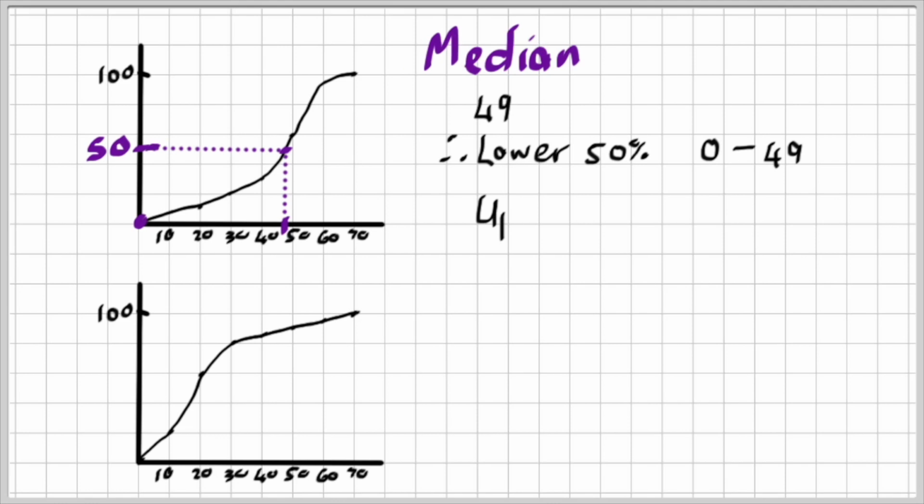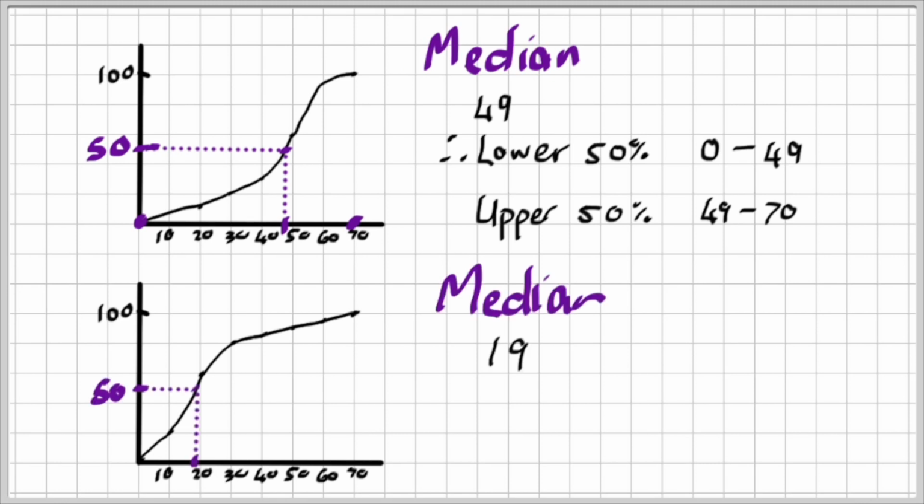It could be 48. It's not a biggie. Remember, this is estimate. And if I look at the upper 50%, that is between 49 and 70. So which half, bottom 50% or top 50%, is more spread? Bottom 50%.